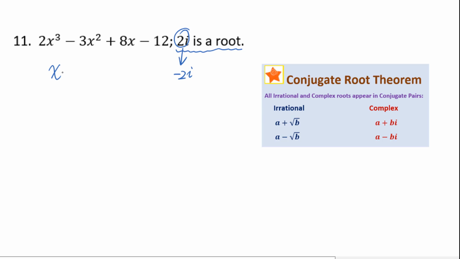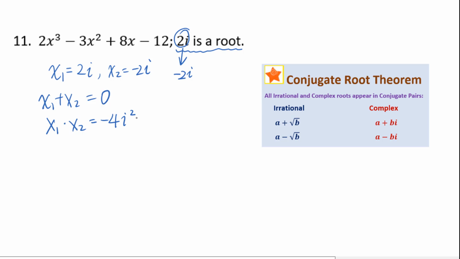We have x1 equals 2i and x2 equals negative 2i. When we add these two together, we get 0. When we multiply, we get negative 4i squared, which means 4, because i squared equals negative 1.